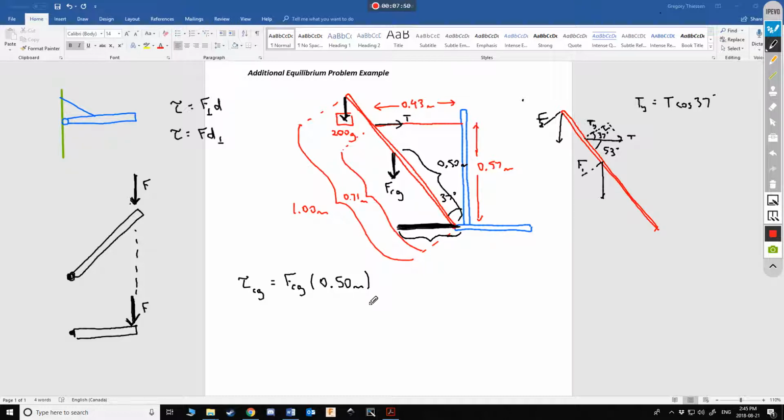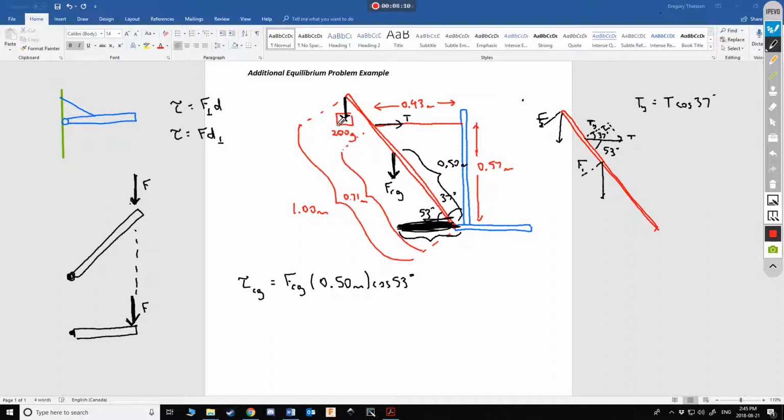And we can either write down sine 37 or we can use cos 53. So cos 53 degrees. Okay, that's solving for this solid black line that I just drew in.